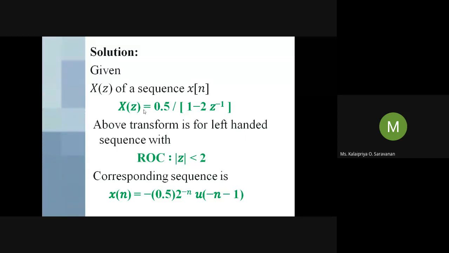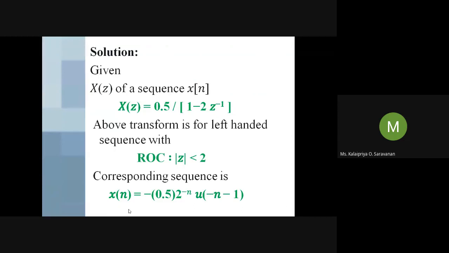So the Z transform is given, the ROC is given, whereby we analyze that this is a left-handed sequence. Left-handed sequence means we will have to give it as u of minus n minus 1. So comparing it to the standard formula, we get it as minus 0.5 to power minus n u of minus n minus 1. So we have got x of n here.